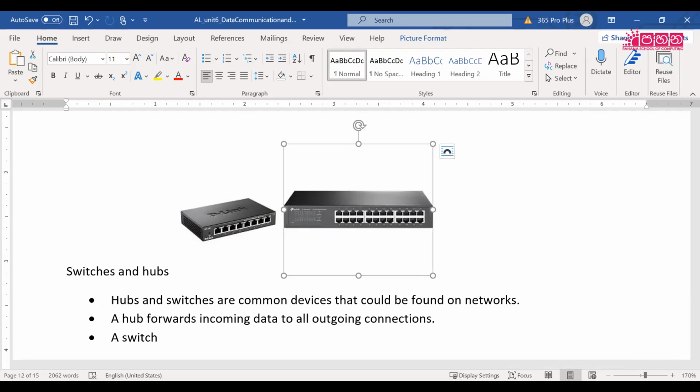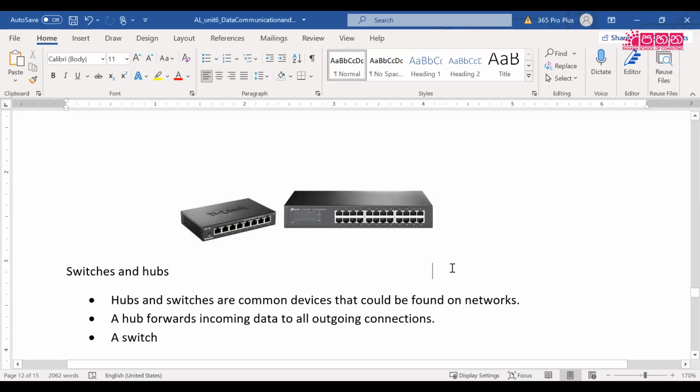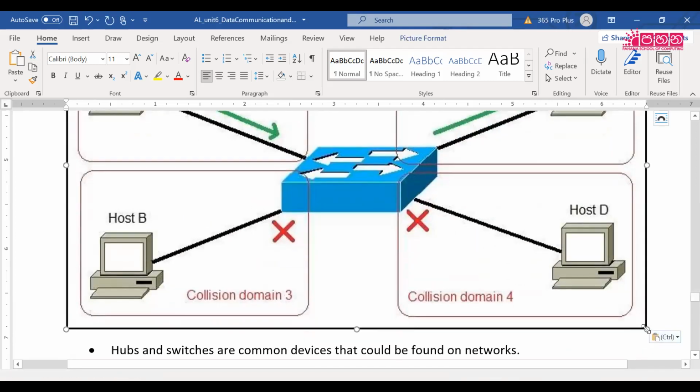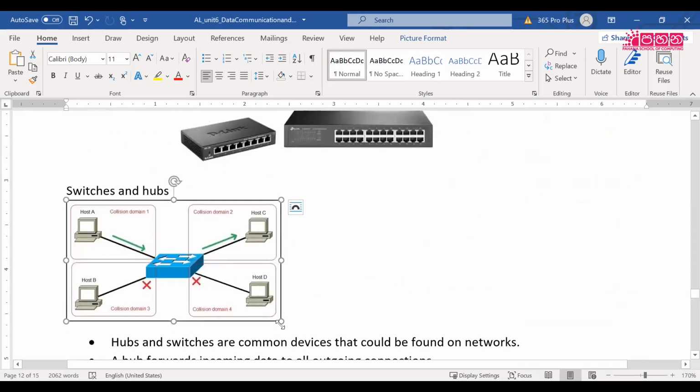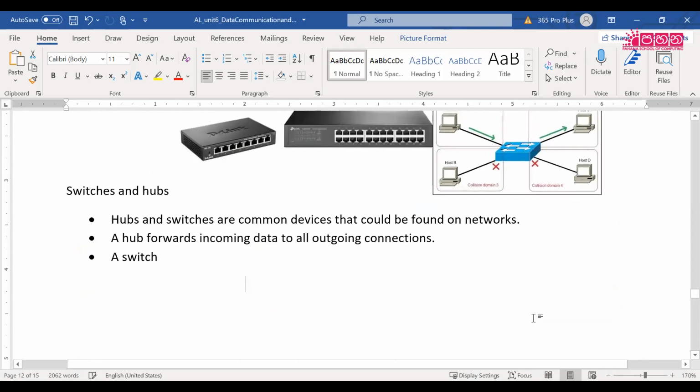And I told you the switch is more intelligent, right? For example, we can say, like this, one of the examples.